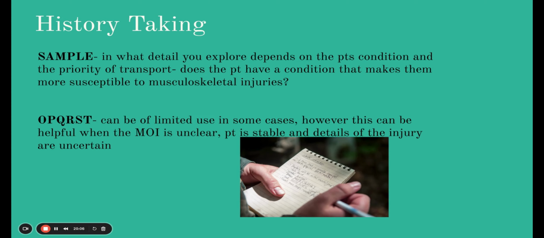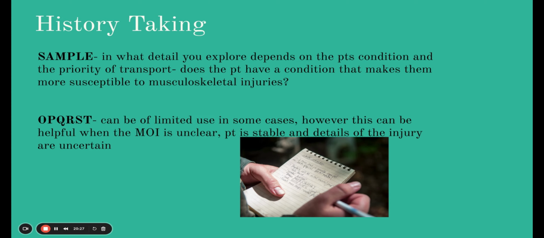In those cases, when it's not a full body trauma and you're not rushing them to the hospital, you can have a little bit more time to get some details of their medical history, like SAMPLE: the signs and symptoms, if they're allergic to anything, any medications they're on, specifically blood thinners.